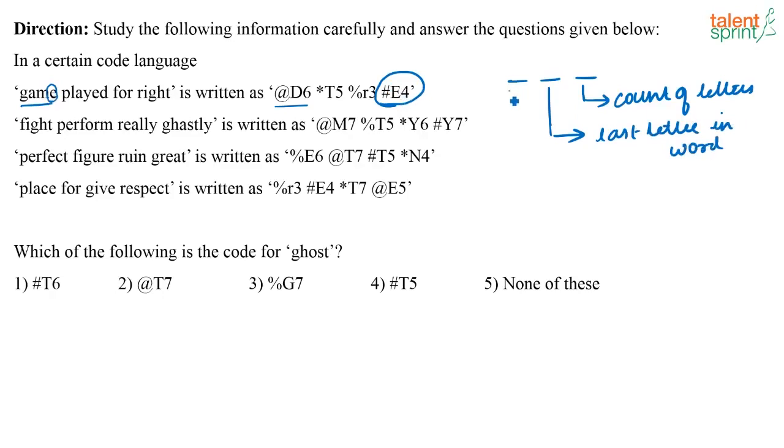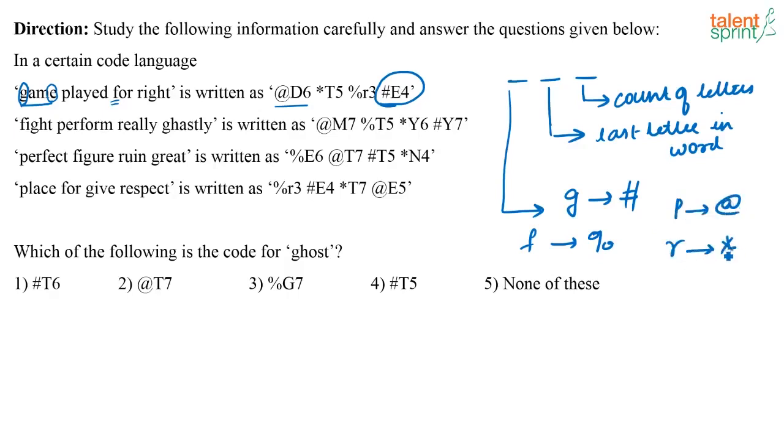Now, if you look at the symbol coding, the pattern being followed here is, for each first letter in a word, a particular symbol is used. For example, if you take game, G is coded as hash. Similarly, if you take F, F is coded as percentage. See here, percentage R3, so F is coded as percentage. Or if you take P, P is coded as this and R is coded as star. So this is the pattern that has been followed.